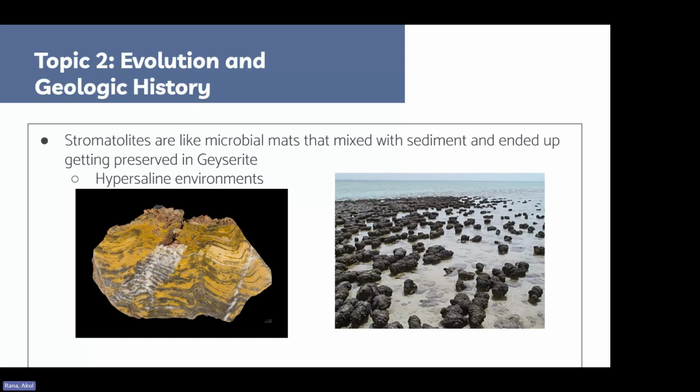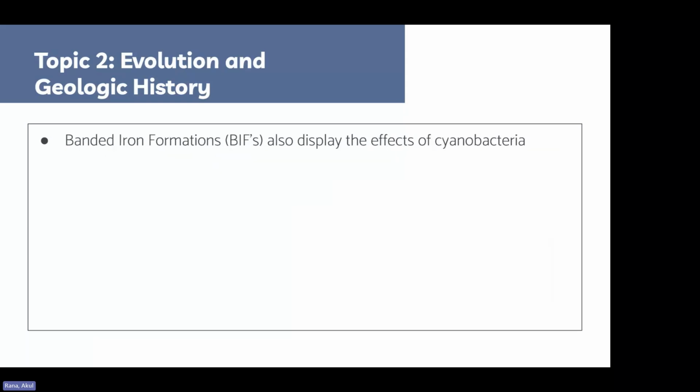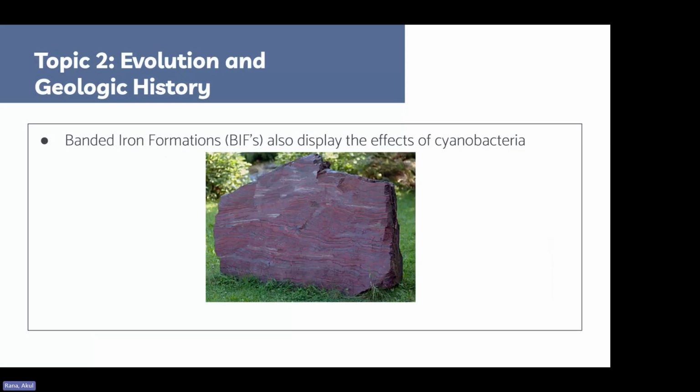And one thing that I used to mix them up with is banded iron formations, which is another piece of evidence for the cyanobacteria. But this is just proof that oxygen exists within the atmosphere. You have layers where the red layers are high in iron oxide, while the gray layers are cherts that are low in iron oxide. So they're very dark, like just pure iron, versus the bright red of the iron oxide.